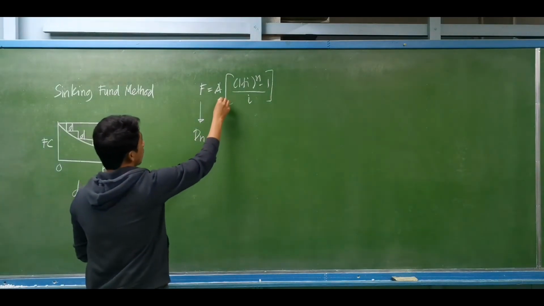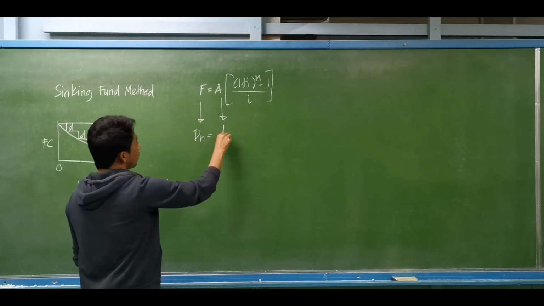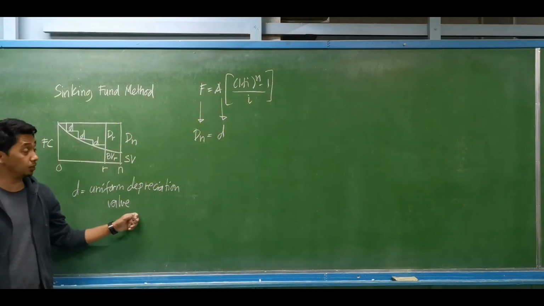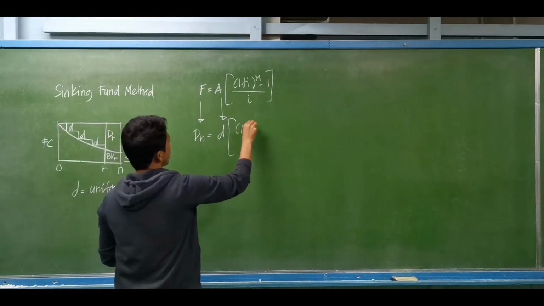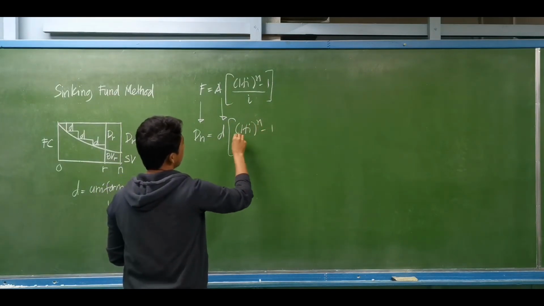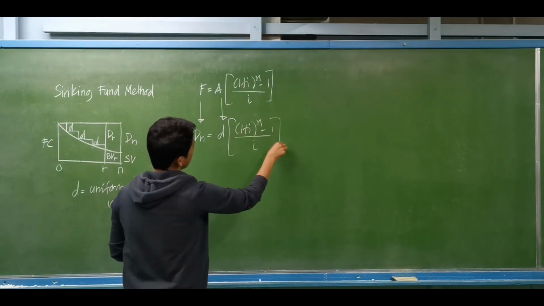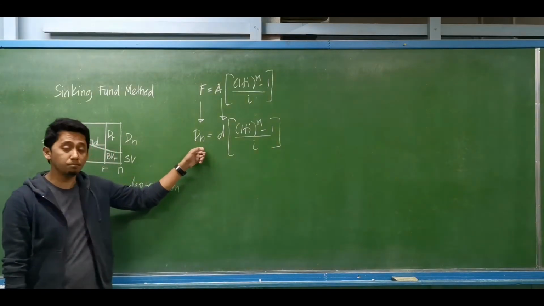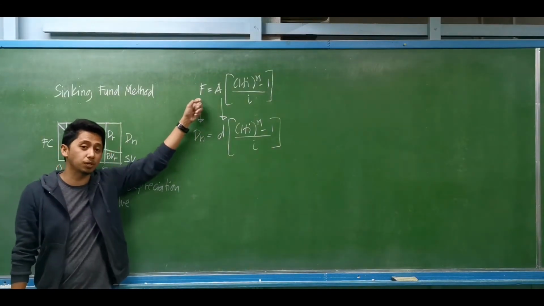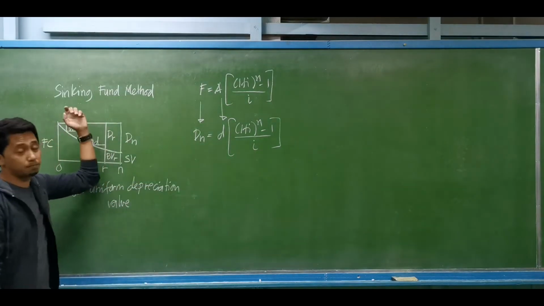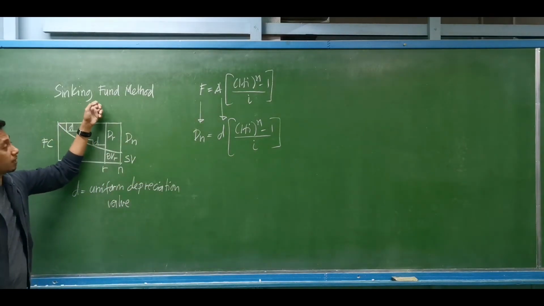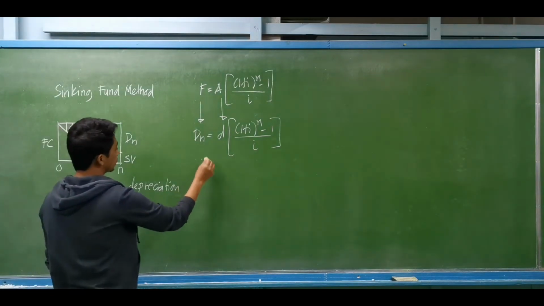Instead of using A, we are using D, that is the uniform depreciation value, multiplied by (1 plus i) raised to n minus 1, divided by i. So the sinking fund method is basically from the equation of the annuity, which means you cannot use sinking fund if i is not given.